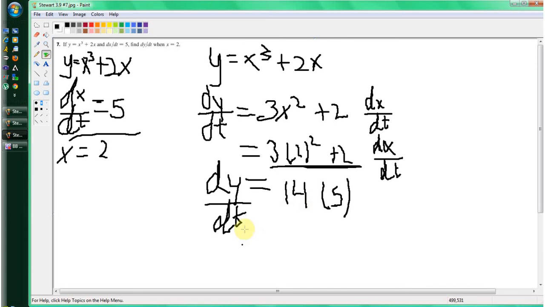And the answer would be equal to 70. And that's it for that problem.